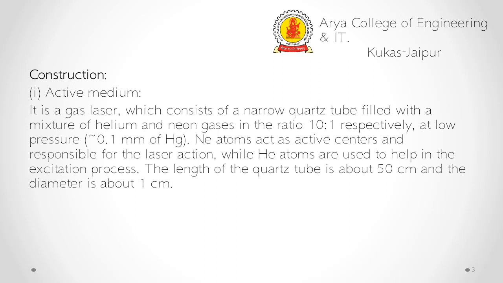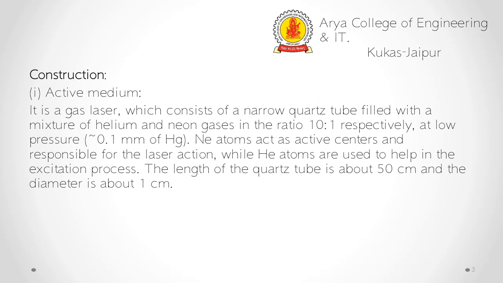Construction. First, the active medium. It is a gas laser which consists of a narrow quartz tube filled with a mixture of helium and neon gas in the ratio 10:1 respectively at low pressure, that is 0.1 mm of Hg.